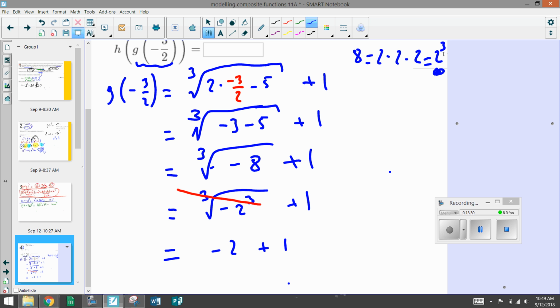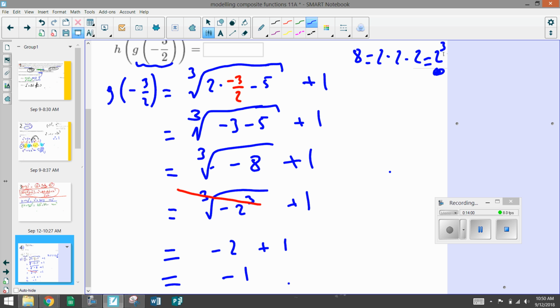There's nothing related with square because the index is 3 over there. It's not 2. If it would be 2, it would be a square root sign. But this is the index, which is 3. This number is 3, plus 1. The 3 cancels out. Negative 2 is left out. So the result is going to be negative 1.